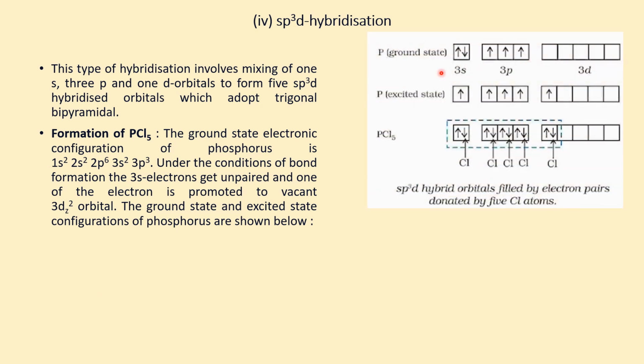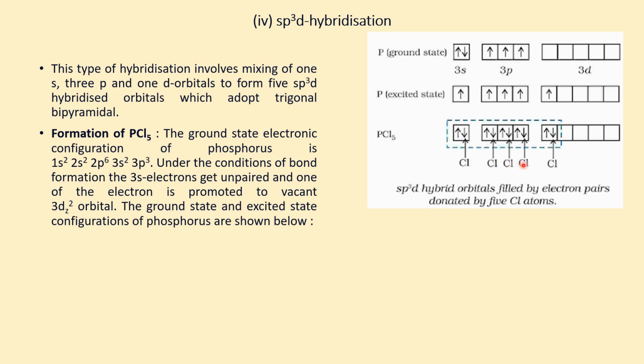So this is the phosphorus ground state. In the ground state there are 3s, 3p and 3d orbitals. In the excited state, one of the electrons gets promoted and moves to 3d. When these combine all together, 3s, 3p and 3d, sp3d orbitals filled by electron pairs donated by five Cl atoms are shown.